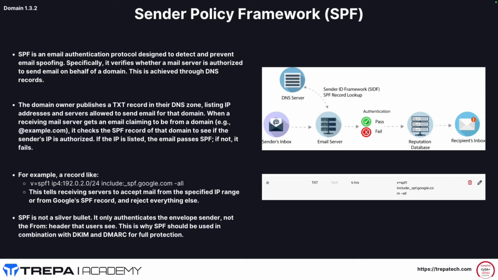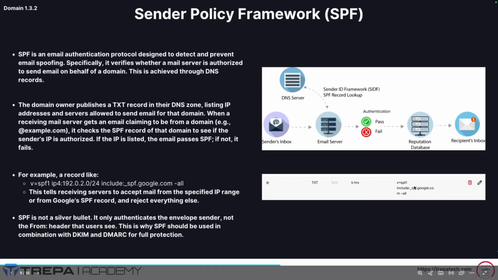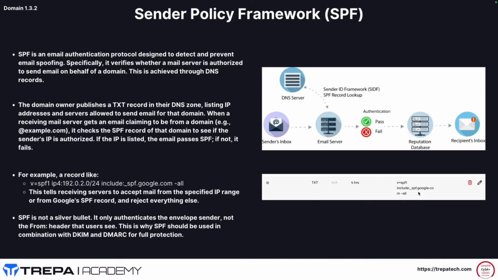Okay, now getting into these actual technologies or tools that help us protect our email. The first thing we're going to talk about is the Sender Policy Framework, which essentially uses DNS. It's built off what's called a DNS text record, and that text record is going to say, hey, trust everything coming from here. If this is my DNS server and another email server goes to my DNS and needs to check, hey, who are you?